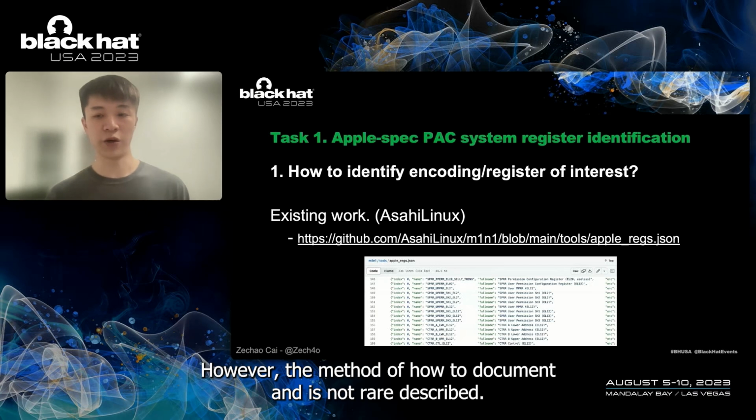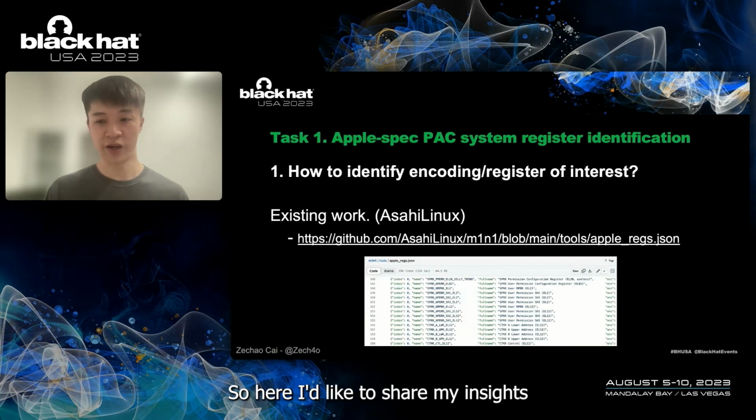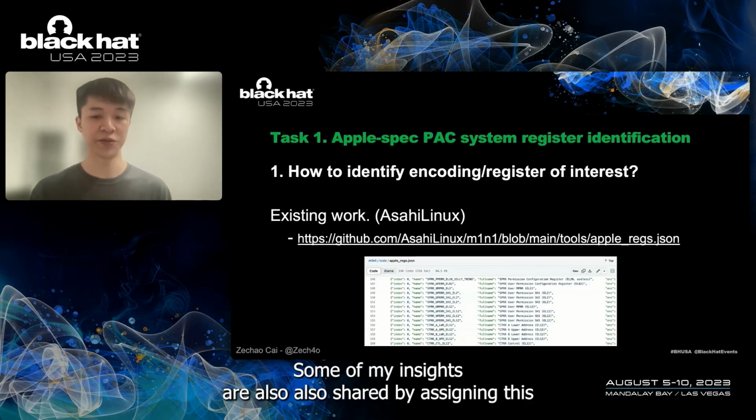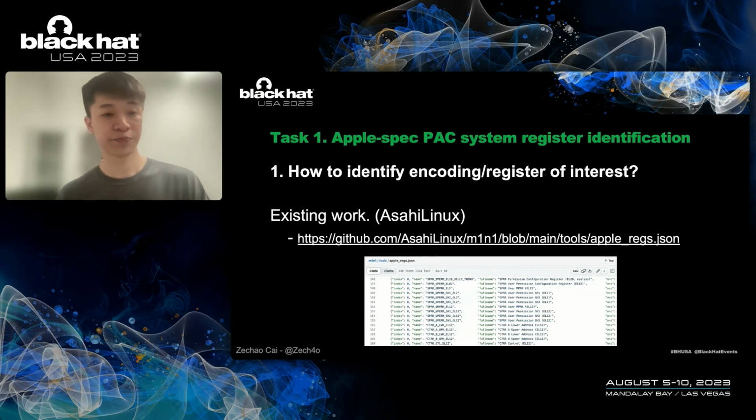However, the method of how to document them is not well described. So here, I'd like to share my insights on how to document them. And I found that some of my insights are also shared by Azad.